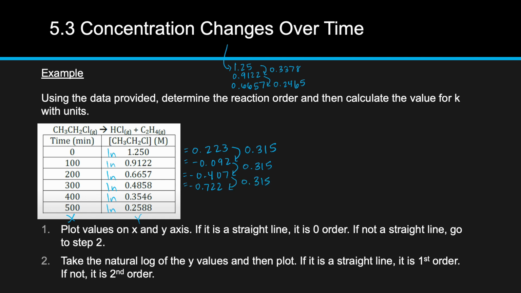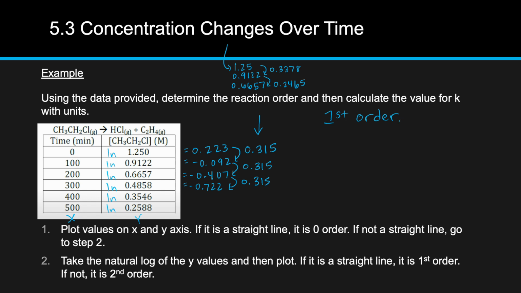So this is telling us that the change when we take the natural log of the concentration is the same for each change in time. That's going to tell us that this is first order, because the natural log was where our concentration change was constant.